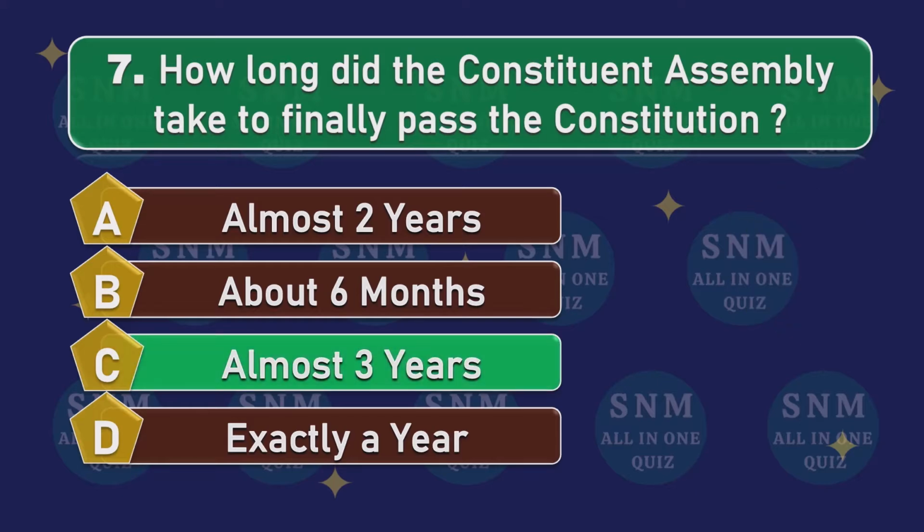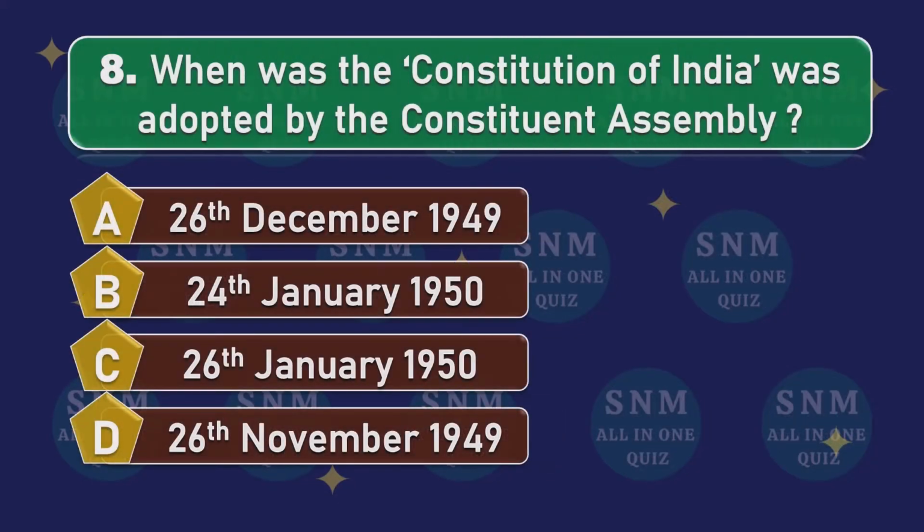Almost 3 years. When was the Constitution of India adopted by the Constituent Assembly? On 26 November 1949.